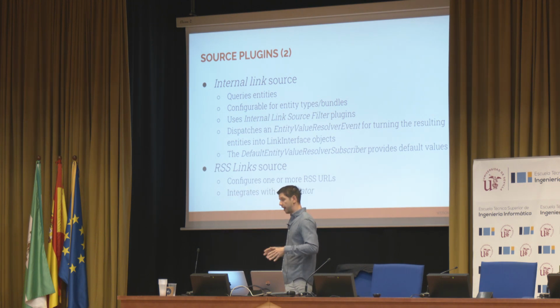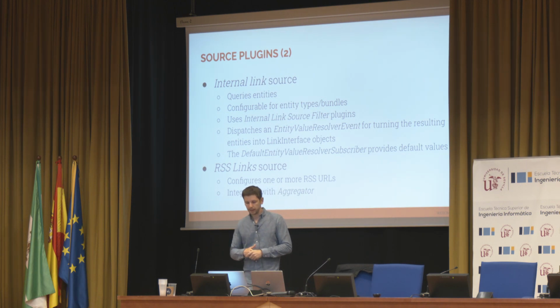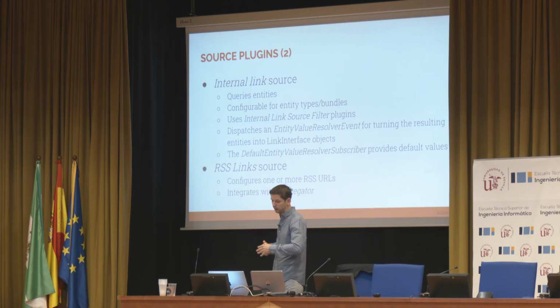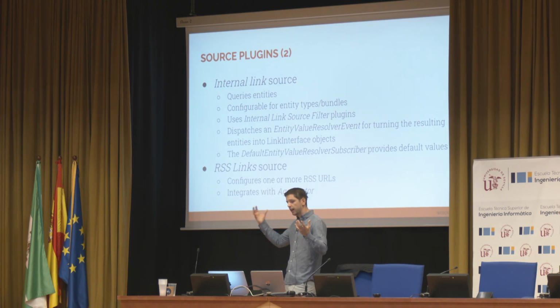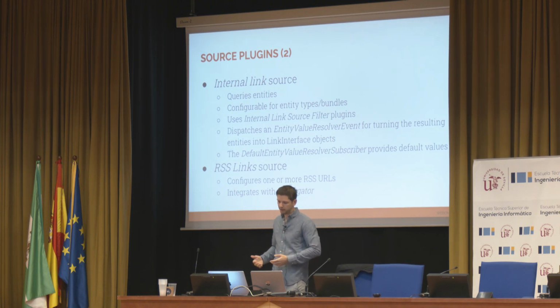And this source, after it gets these entities from the query, from the database, dispatches an event, an entity value resolver event, for turning these entities into these link interface objects. This is the mechanism by which we take an entity and turn it into these link interface objects. Of course, it's going to be the entity-aware link interface because it has an entity, the node or whatever.